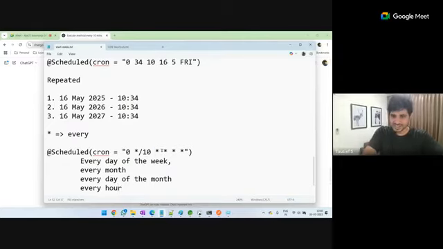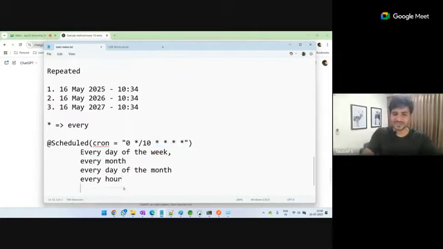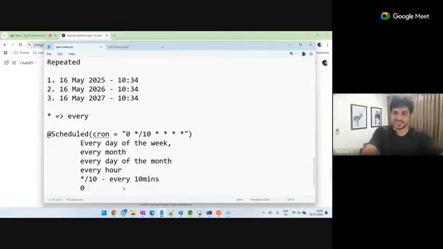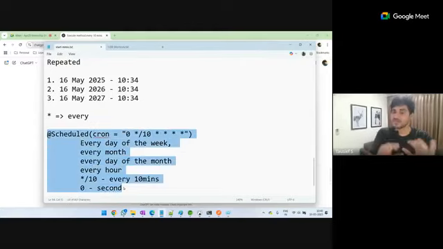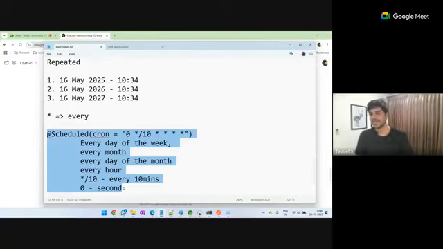So these 4 stars mean every time. And then comes the minutes, where they have done it like star by 10. We need to understand what that star by 10 is. But we tested it. It means every 10 minutes. And then at 0 second, this method should be executed.